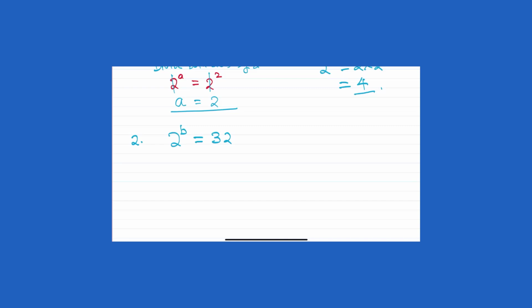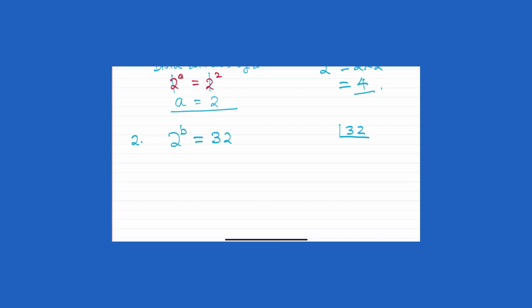How do we maximize the little time we have to solve this? The best bet is to find the factor of 32. That is by asking the question, how many times will 2 go into 32? Or how many times can we multiply 2 to give us 32?